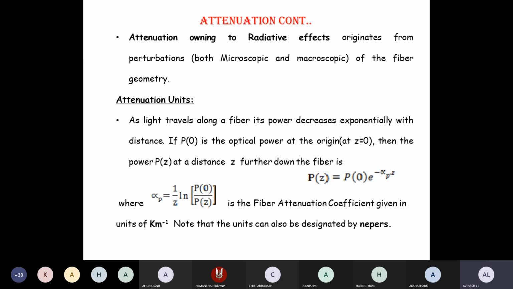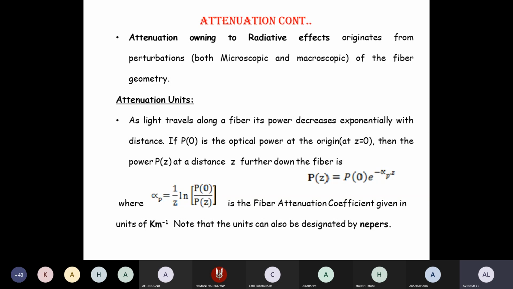This is due to perturbations, that is, imperfections in the geometry. How the waveguide has to be designed, how the fiber has to be made, we take care of that, but still for some reason or other, these things may happen.